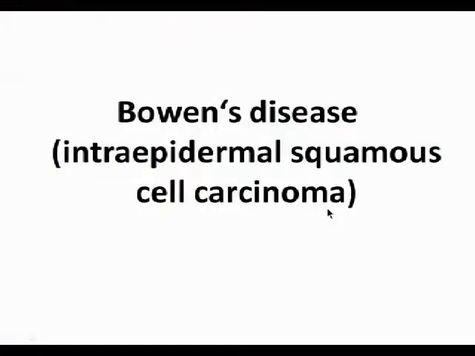Here there is one cluster, there is another cluster, so the density of the vessels varies between parts of the lesion. So this is different from the psoriasis plaque I showed you before. And we have some scaling here again. The diagnosis here is not psoriasis, it's Bowen's disease, intraepidermal squamous cell carcinoma.